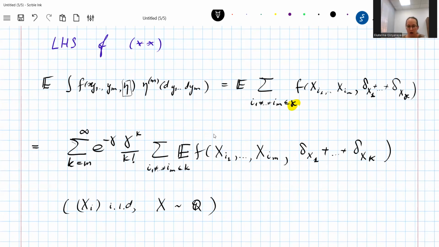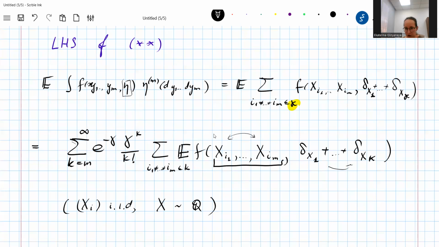So here I want to first take the expectation with those points which are present here. And also note that the answer is the same if I change the points, because they all have the same distribution.